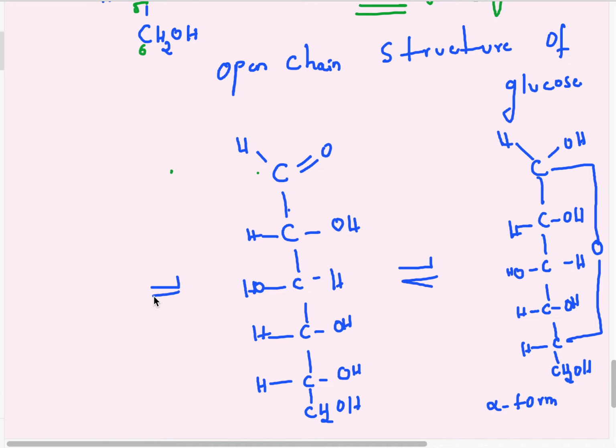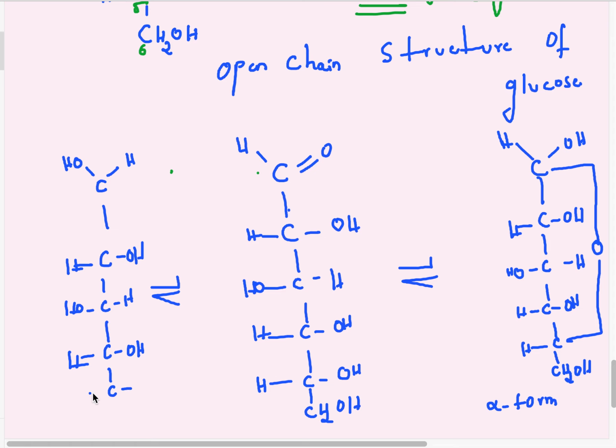What about the beta form? This is the beta form. Just opposite. This carbon is opposite. OH is on the left side, H is on the right side. Rest all same as it is. You can write your structures. H, next OH, next OH, next H. And what about this one?